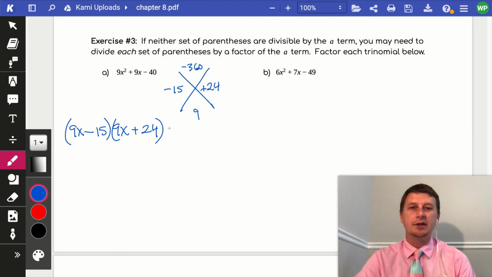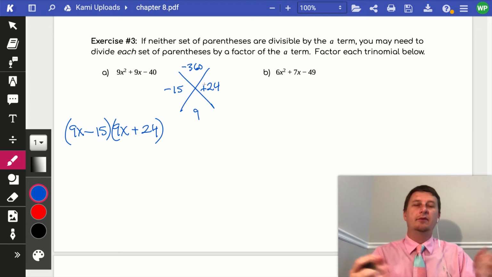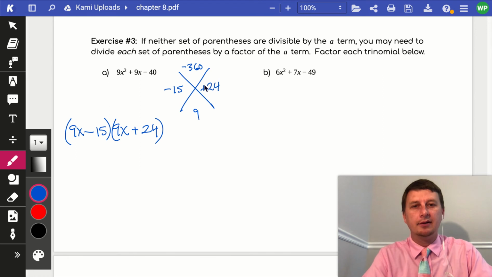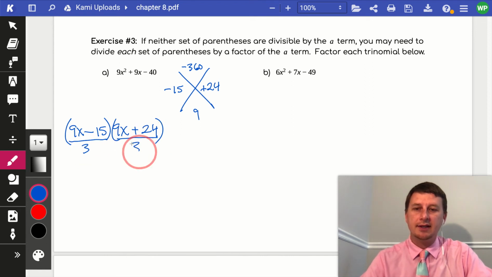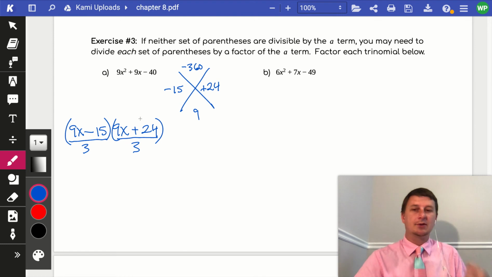So instead we think of what two numbers multiply to 9. 3 times 3 is 9. If I divide by 3 and divide by 3 again, that's the same as dividing by 9.